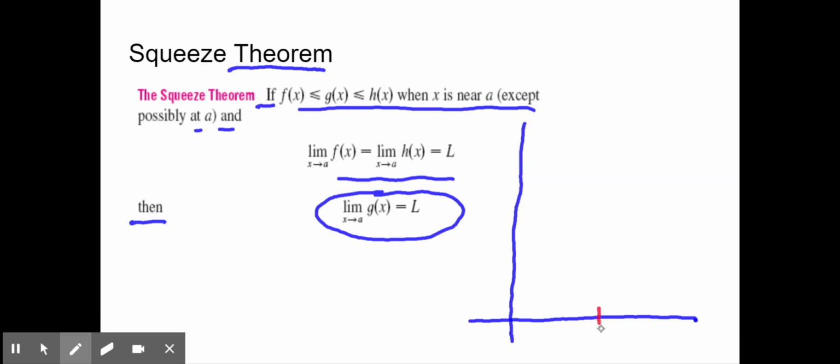All right, so let me put a down here, and I'm going to put L here. Okay, so I know that the limit as x goes to a must equal L. All right, so let me try to draw that here. There we go. So there's my function f. I'm just drawing anything as long as when x goes to a, the y value goes to L. There we go. We have it.